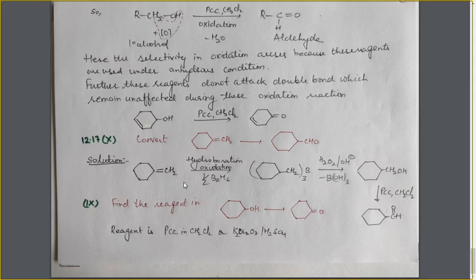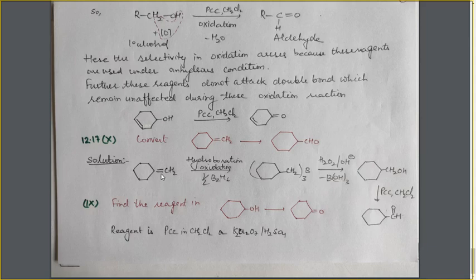So there is net addition of H and OH, that is water. So this reaction is hydration of alkene. The hydration of alkene takes place through this reaction, hydroboration oxidation.